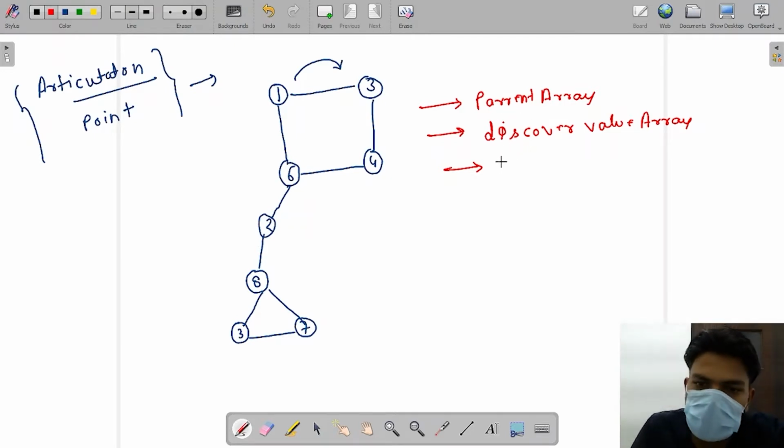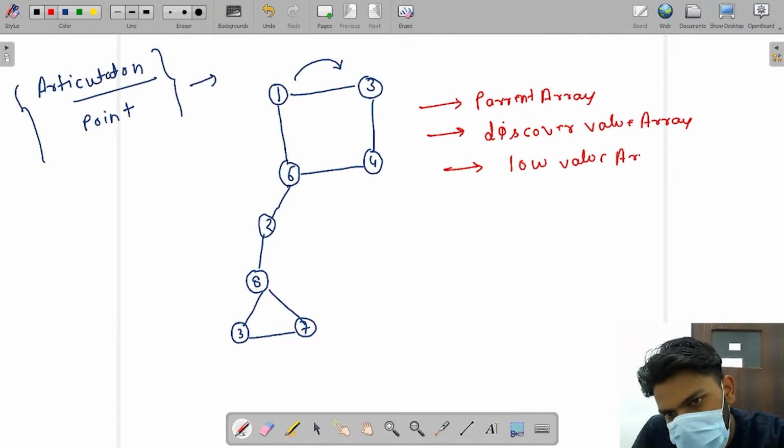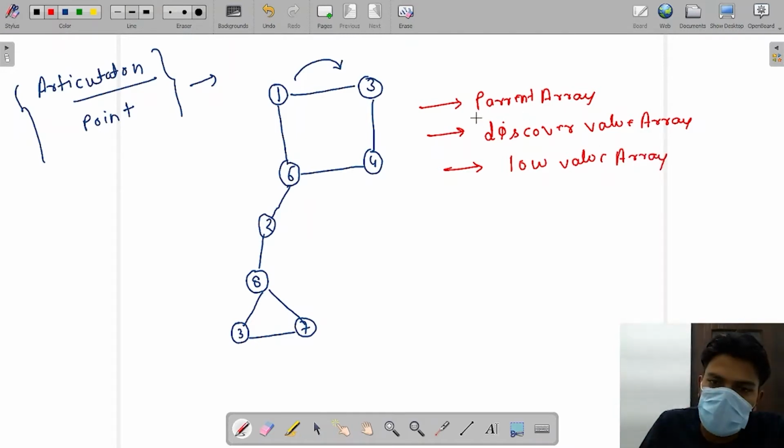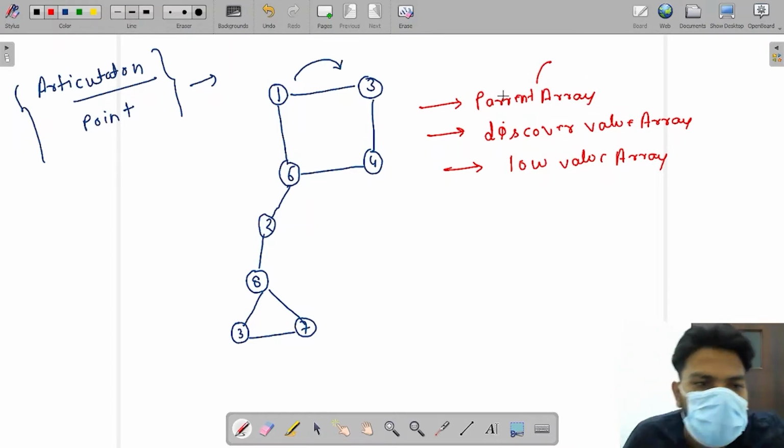And the third is called the low value array. So this is a dependency. These are the three things we need when we are going to find the articulation point.